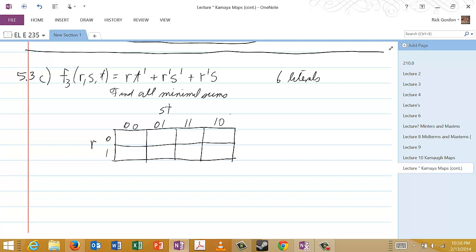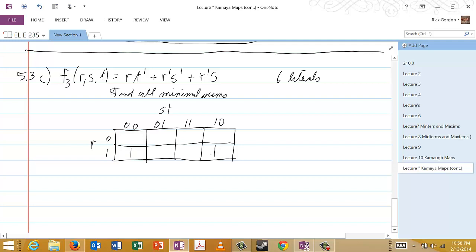So let's look at the first term, R T prime. Well, first of all, since we have an R rather than an R prime, we know that we're going to be in the second row of the Karnaugh map because that's where R is equal to 1. And T prime means that T is equal to 0. Now T, if we look up above, is the second number, so we're going to get a 1 here and a 1 here.